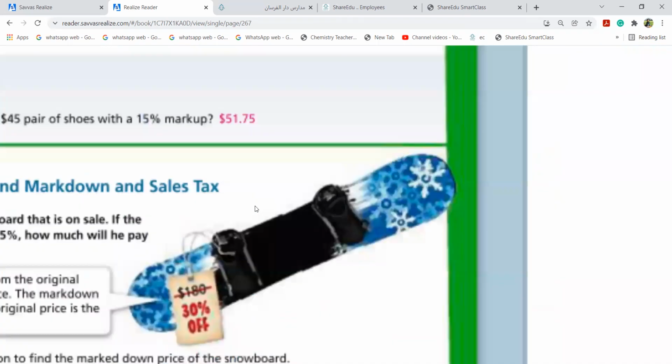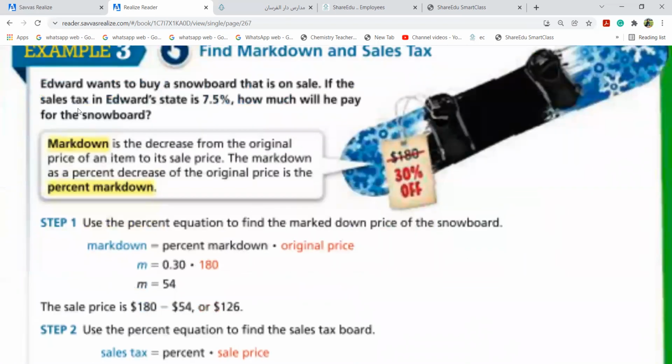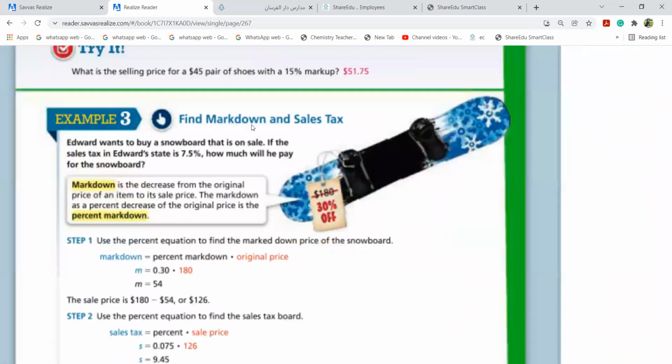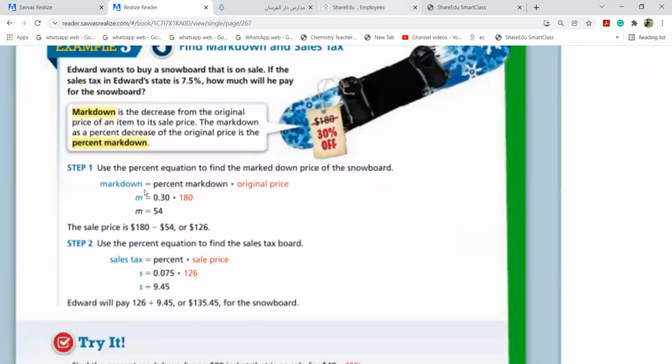Edward wants to buy a snowboard on sale. If the sales tax is 7.5%, how much will he pay? It's 180 and it's 30% off on 180. So first thing, we have to know the percentage markdown. They said 30%, that means 30 over 100, that is 0.3.